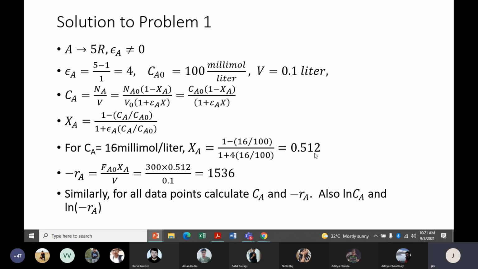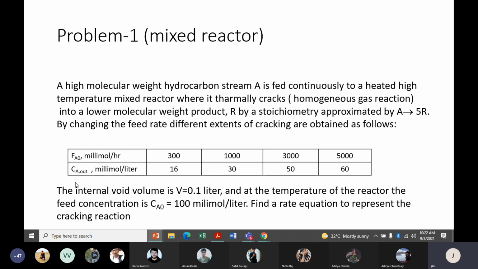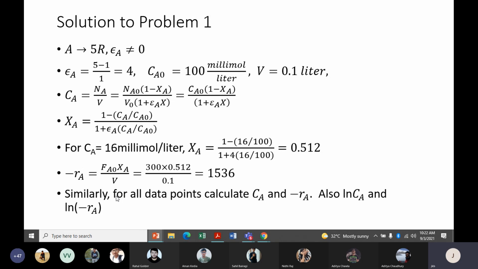Conversion is 0.512. So for all data, you make another column, write conversion in the third row here. So for different feed rates, you will get different conversions. And the rate is equal to 1536 from the mole balance of mixed reactor. Directly you can substitute conversion, feed rate and volume, and you will get the reaction rate.